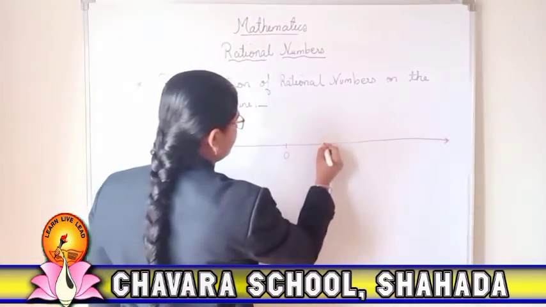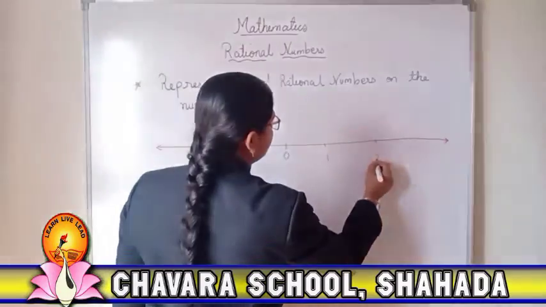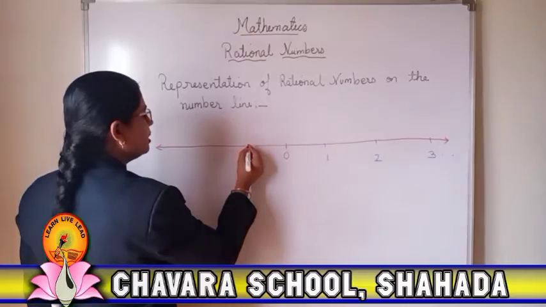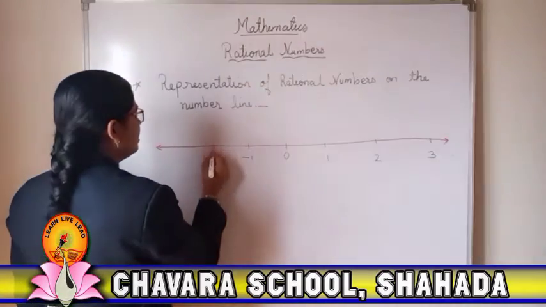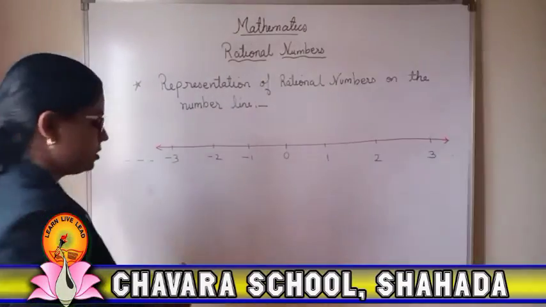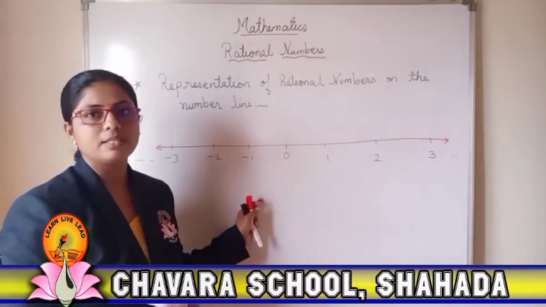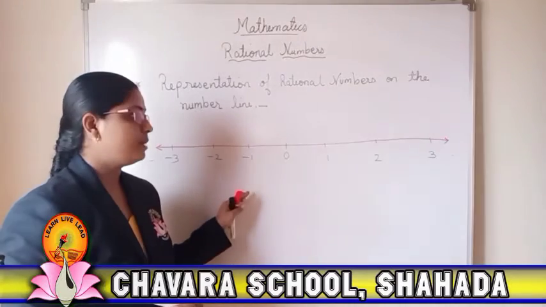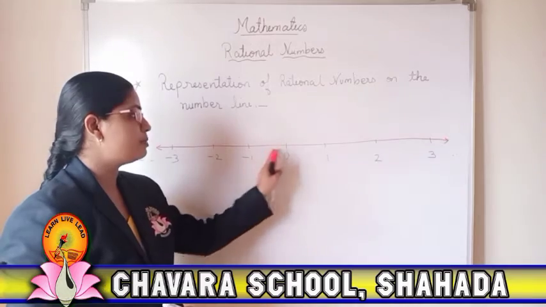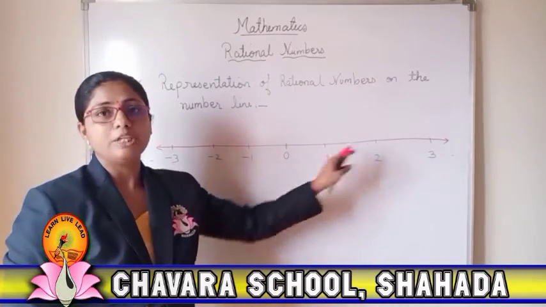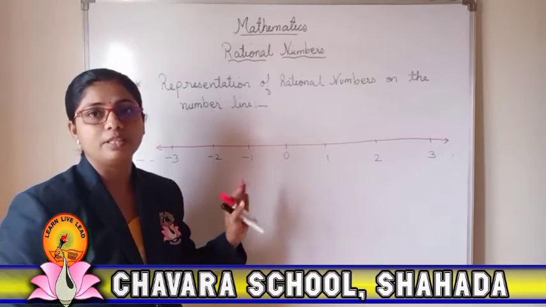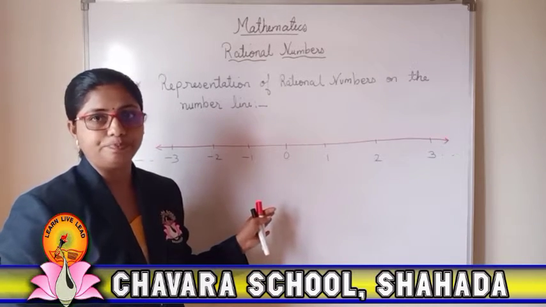Here it will be 0, 1, 2, 3 and so on. Here also negative 1, negative 2, negative 3 and so on. So now this represents the number line. Now my dear children, here you have to concentrate on the gaps between each number. It should be equal. There should be no variation, no very different values over here.